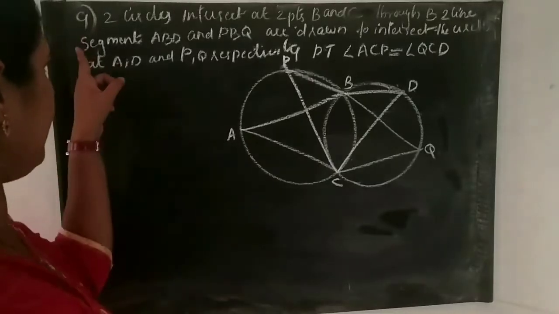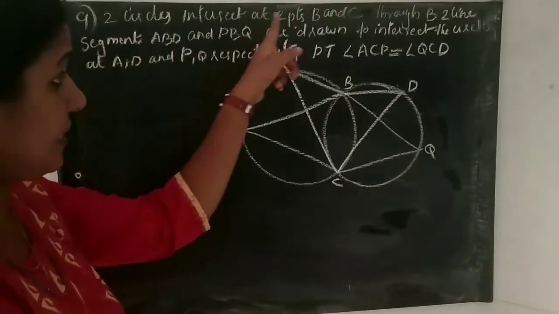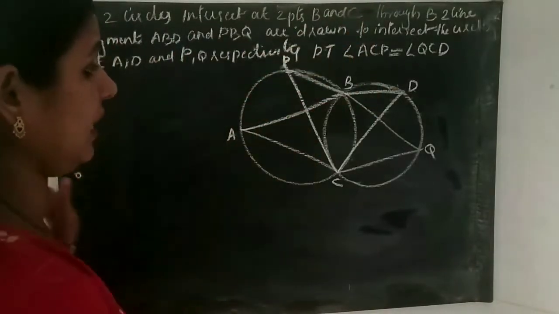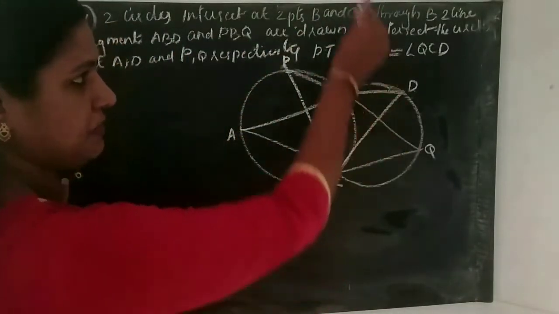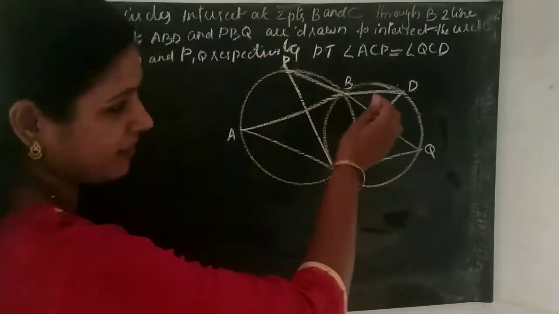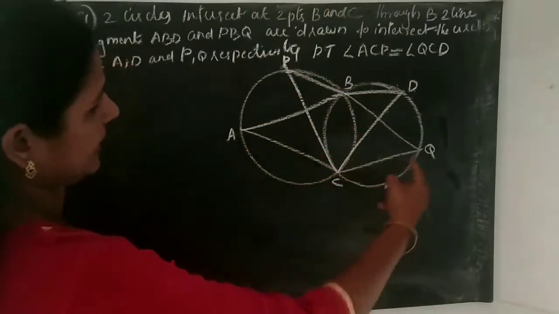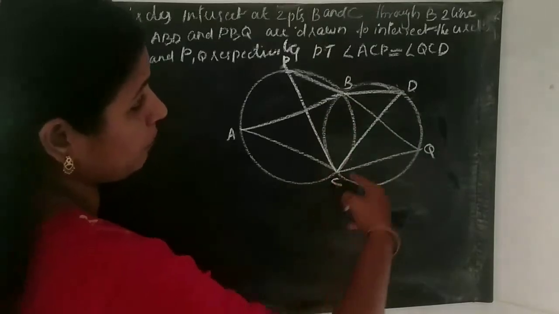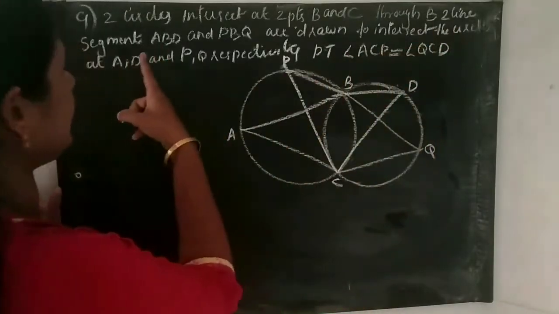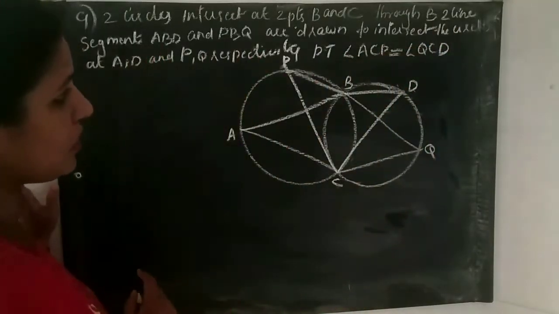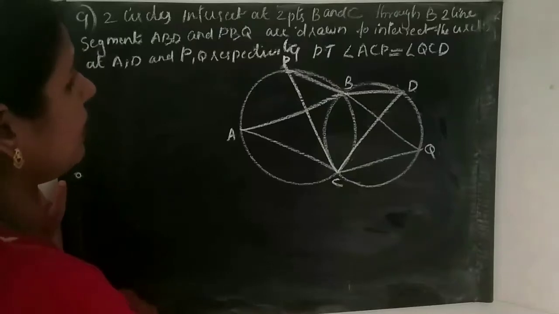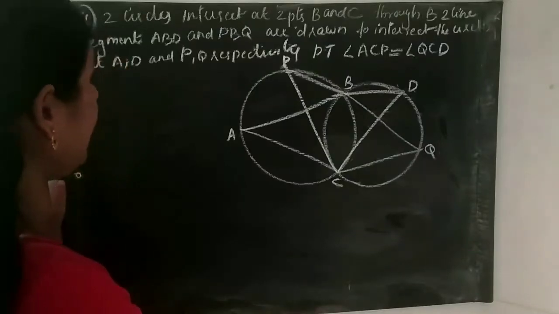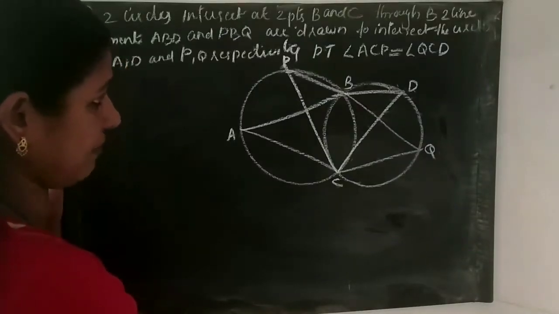See children, question number 9. Two circles intersect at two points B and C. Two circles, so a very big question, a very big figure. Through B, two line segments ABD and PBQ are drawn, intersecting the circles at A, D and P, Q respectively.